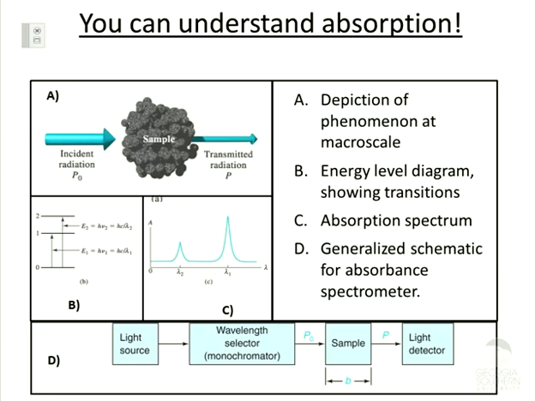Which is greater, the energy of transition 1 or the energy of transition 2? E2, yes. That is an energy axis. Zero is usually what we call the ground state, and then level 1, and then level 2.